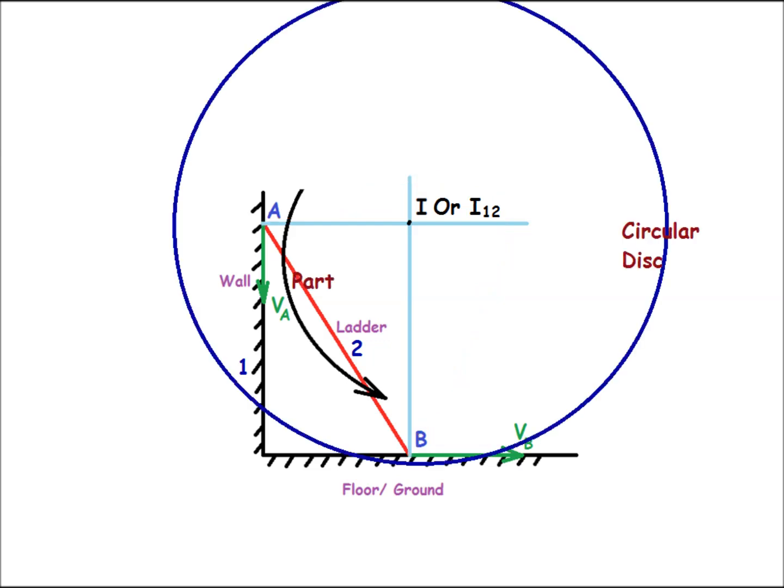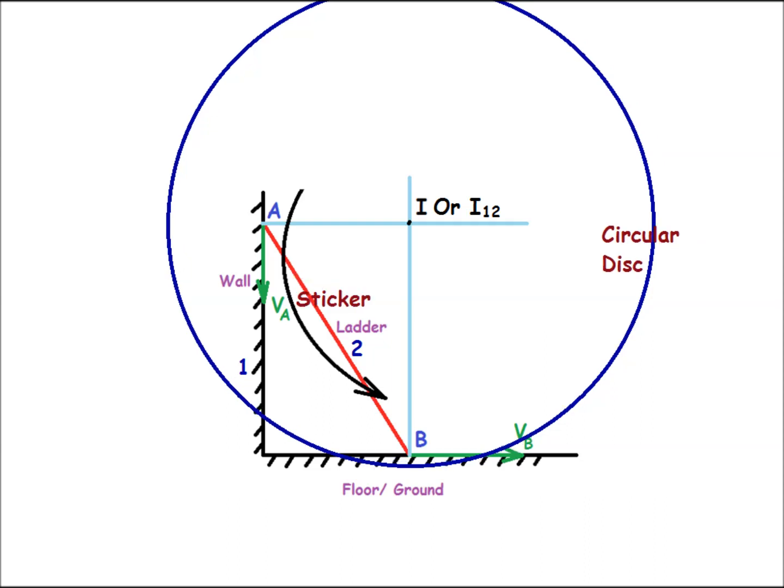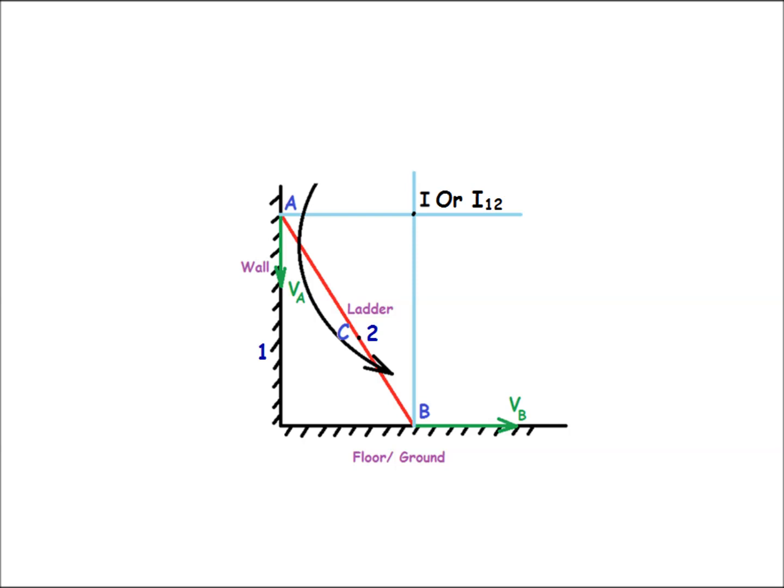Or we can assume body 2 as a part of circular disc which is rotating about ICR I12, or we can assume body 2 as a sticker which is pasted on circular disc and that disc is rotating about ICR I12.